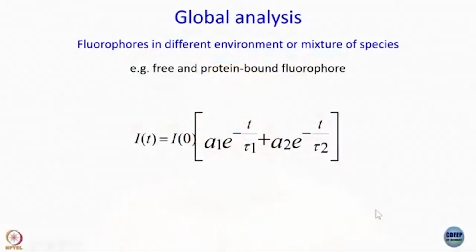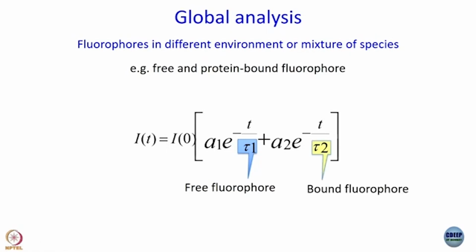What do we expect? What kind of decay? Bi-exponential is reasonable in this case, right. So we expect a bi-exponential decay, but this is a special kind of bi-exponential, because let us say tau 1 is the characteristic lifetime of the free fluorophore. Let us say tau 2 is the characteristic lifetime of the bound fluorophore.